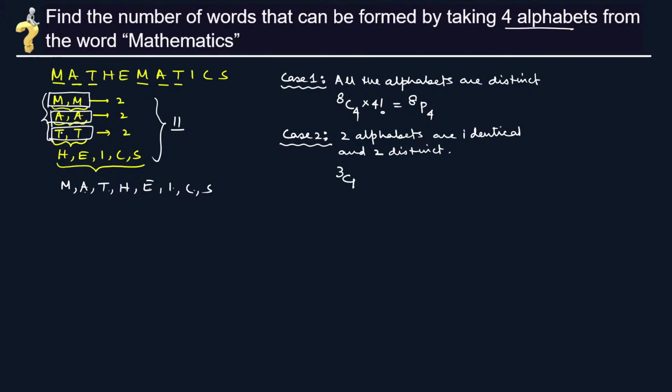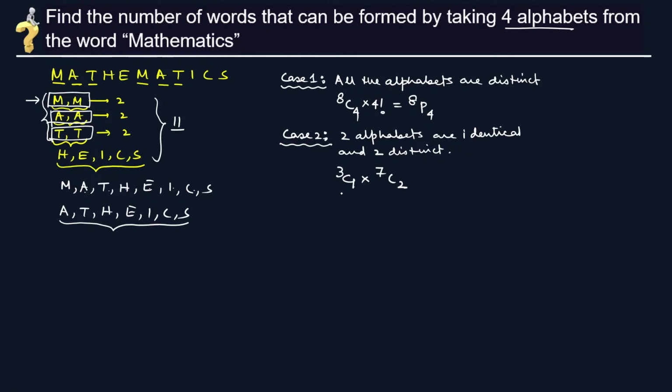Is it clear? Now let us assume that we got M. How many distinct alphabets are available right now? A, T, H, E, I, C, and S. So we have 7 distinct alphabets, out of which you have to choose 2.